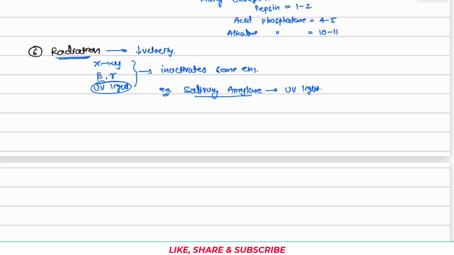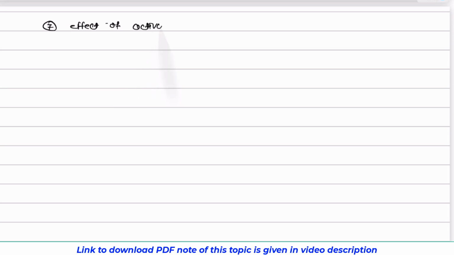The last factor which can affect enzyme activity is the effect of activators. So the seventh one is the effect of activators. Remember that not all enzymes require activators. Only a small subset of enzymes, or you can say some enzymes, require these activators. And these activators are mostly inorganic metal activators.